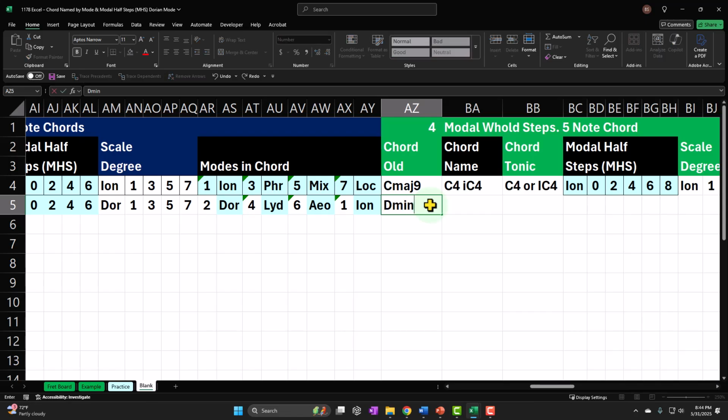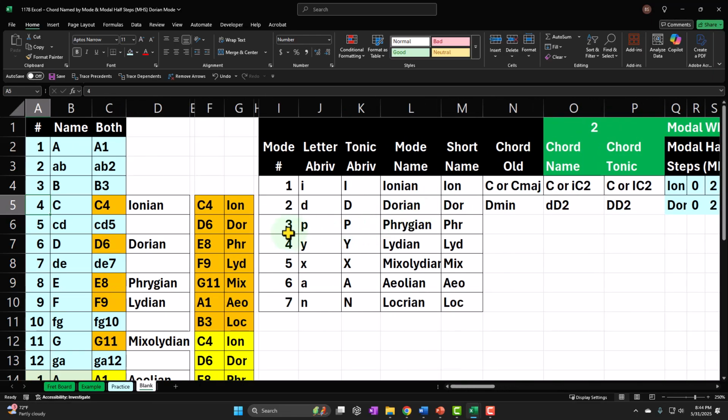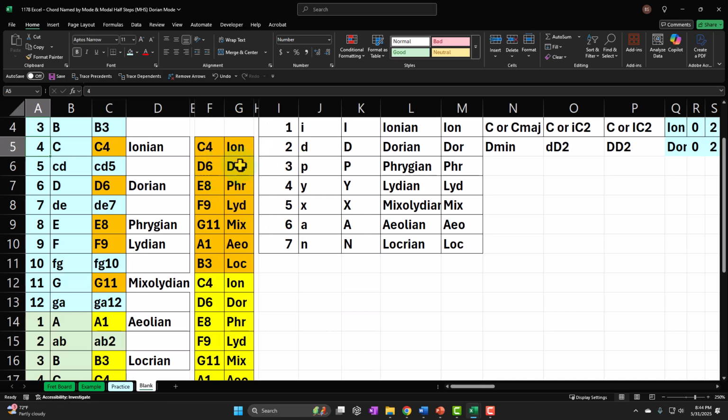This is going to be a D minor 9. D minor 9. So what does that mean? Well, if I go back over here, this is the normal naming convention: the Dorian, and then the Lydian. We skip every other note, the Aeolian, the Ionian, and then the Phrygian. Now, why is it a 9? Because if I look at a scale degree, it would be 1, 3, 5, 7.